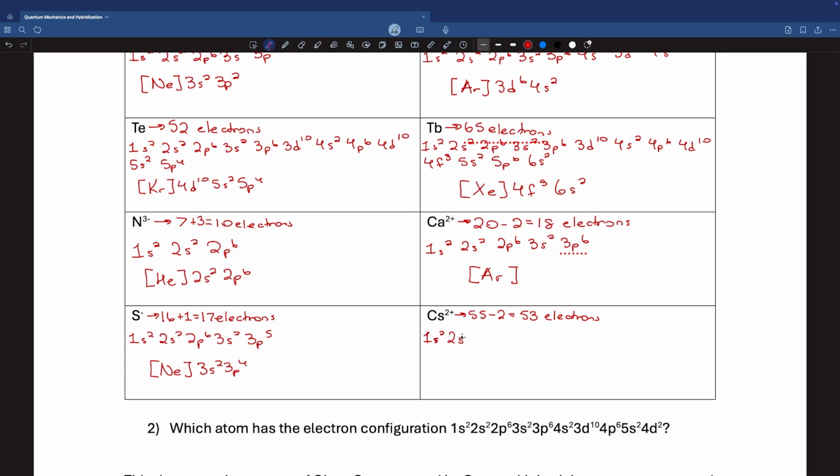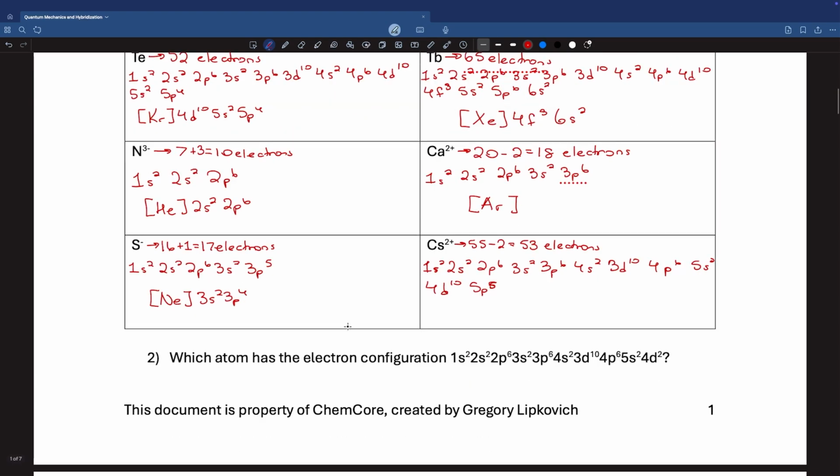Then 2s2, 2p6, 3s2, 3p6, 4s2, 3d10, 4p6, 5s2, and 4d10, 5p5. That ends up our electron configuration examples.